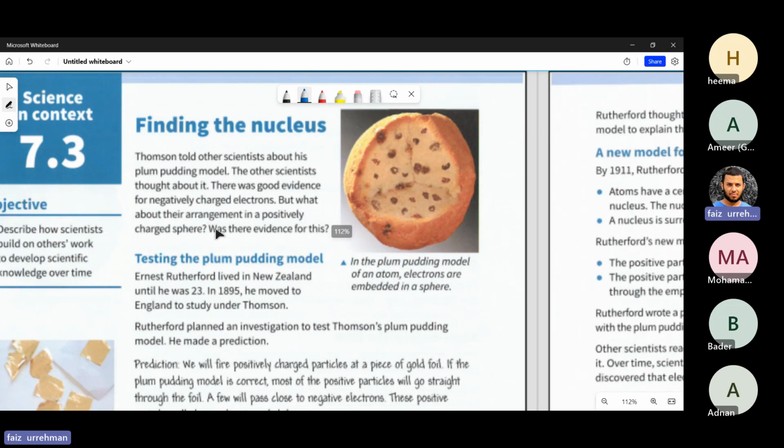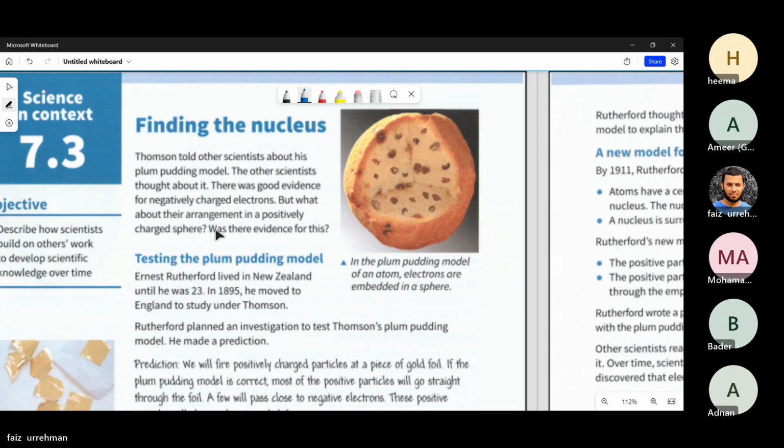So Thomson told other scientists about his plum pudding model. How did he tell? What is it? Students: We took it in chapter 6, I forgot the name of it. Did he post it on WhatsApp or Facebook? No, sir, we took it in chapter 6, the same thing, like where you can post your stuff.